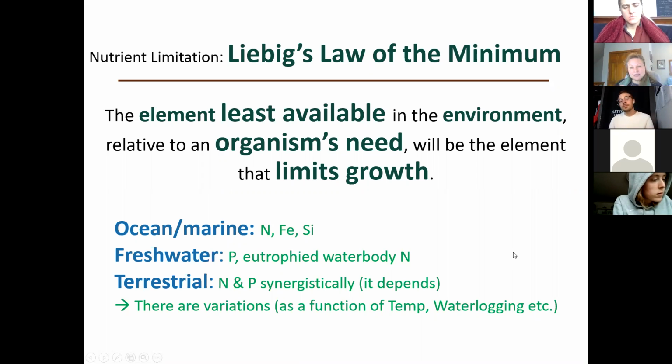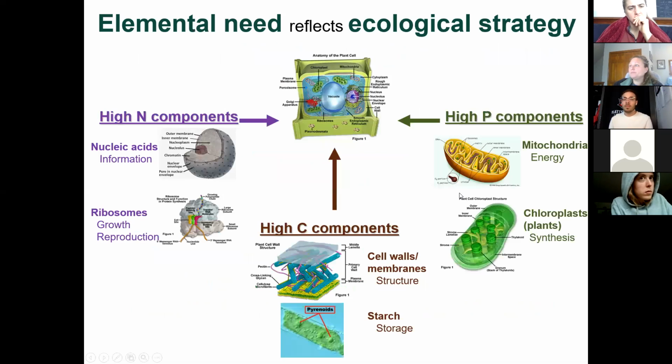And on land, it seemed to be that we needed both nitrogen and phosphorus to really crank up that production, right? So it's really important to note that certain biomes, certain habitats are going to have different nutrients that will limit their ability to produce, okay?